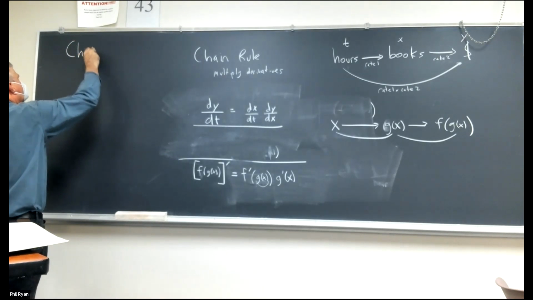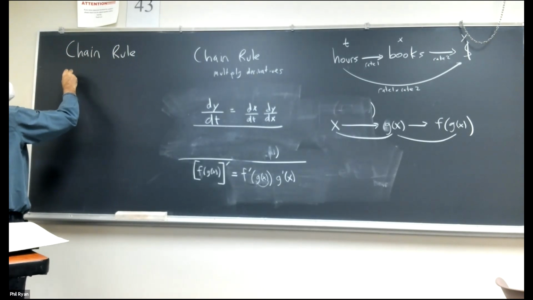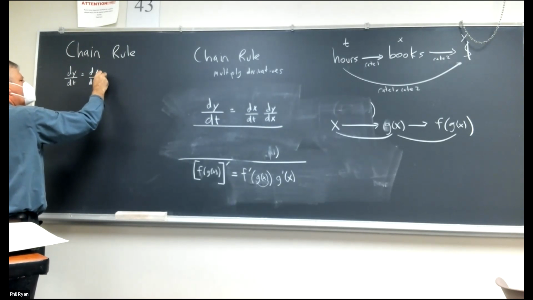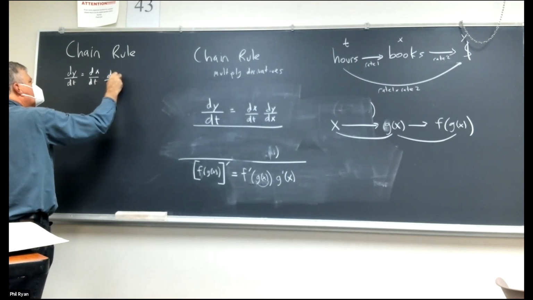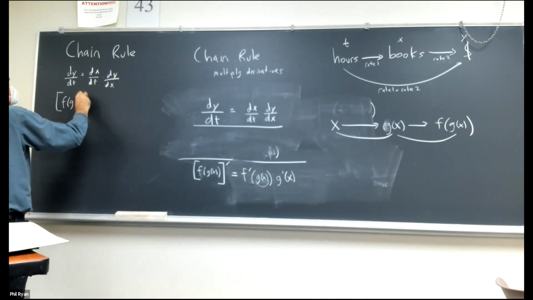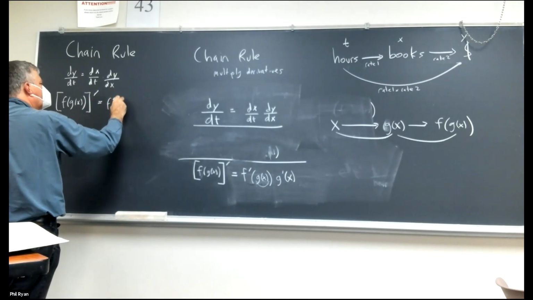I'm going to put the chain rule here. Chain rule is dy dt equals dx dt times dy dx, or f of g of x equals f prime of g of x.